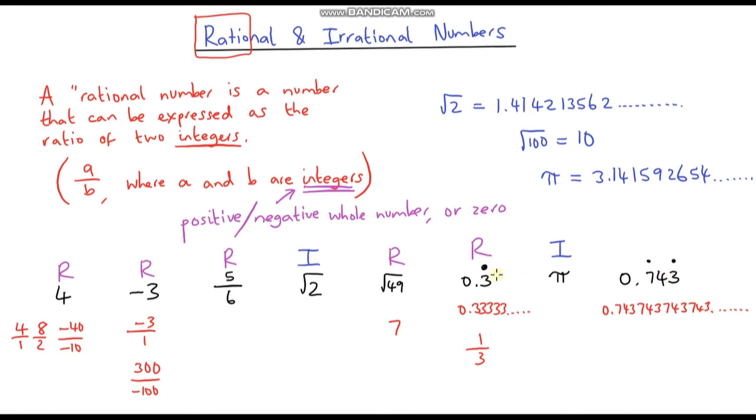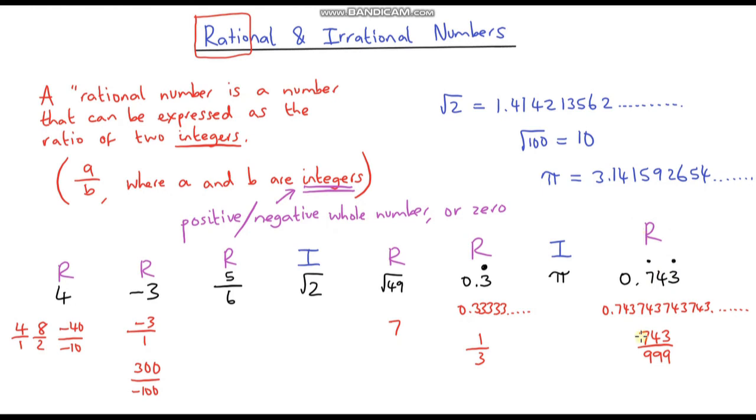And we said before, whenever we've got a decimal that has a pattern that repeats, that will always be rational. So although it doesn't look like we can express this as a fraction, we can express it as a fraction, and that's what we're going to look at in a future video. So if we were to write this as a fraction, it would be 743 out of 999. So we can clearly see that it is a rational number.